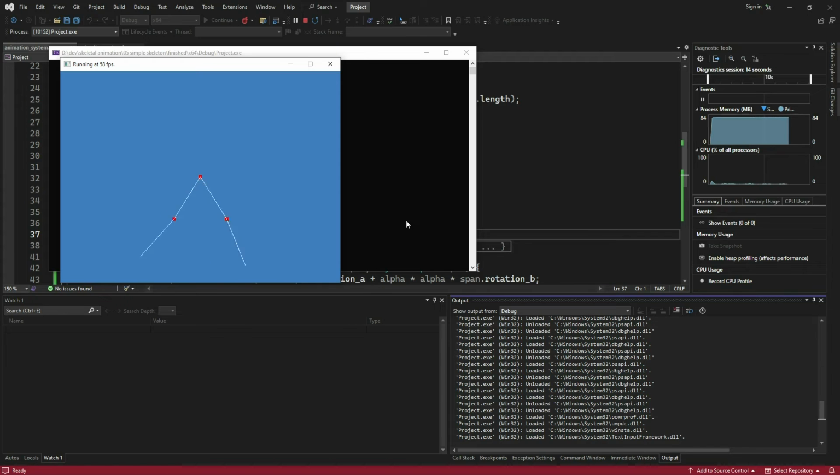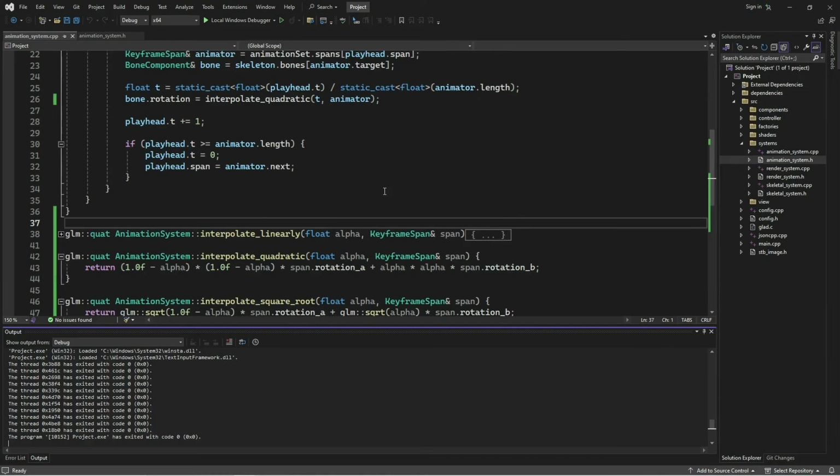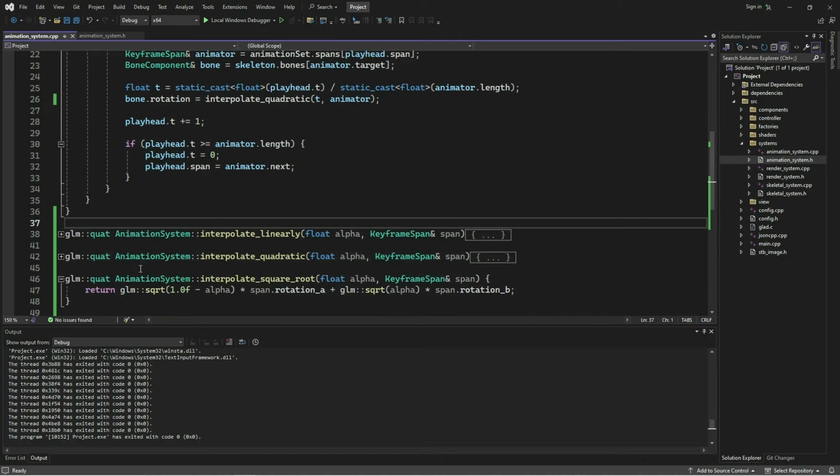Something like that. This is a weird way to walk, but I guess some people are into that. Okay, so remember with the interpolate quadratic, it's sort of ease in. Now, interpolate square root is sort of ease out. So we'll have a look at that.